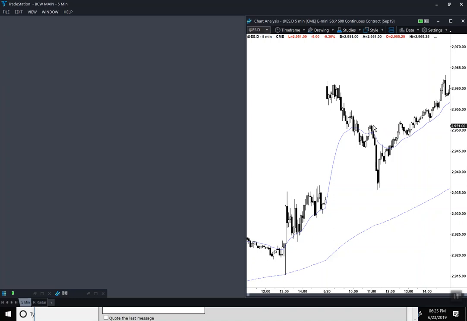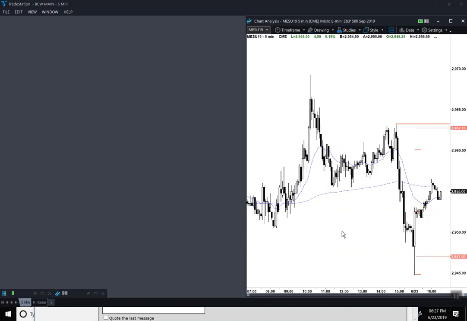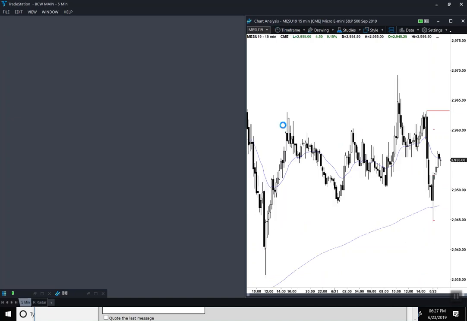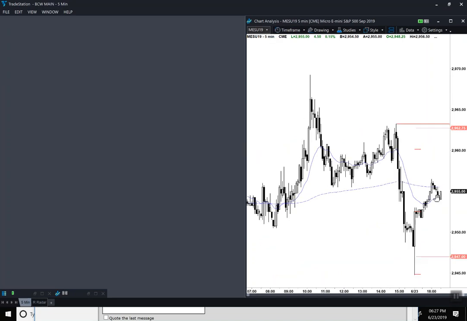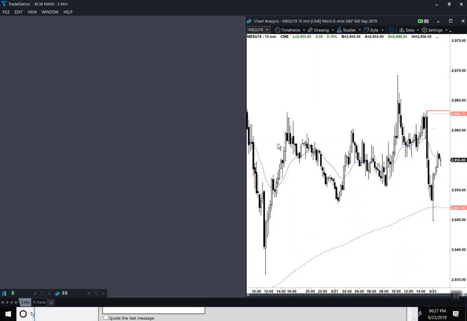Okay, I keep having to bounce back and forth. But anyways, just another note. A lot of times when you see this kind of stuff, remember that when you have a few minutes left into a bar, you get a lot of movement because traders are trying to influence what this bar is going to look like.